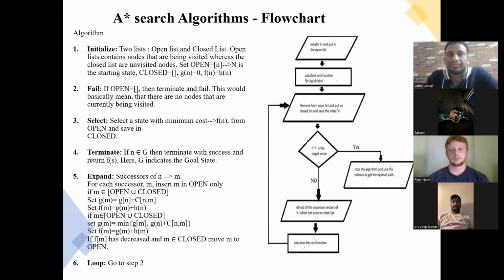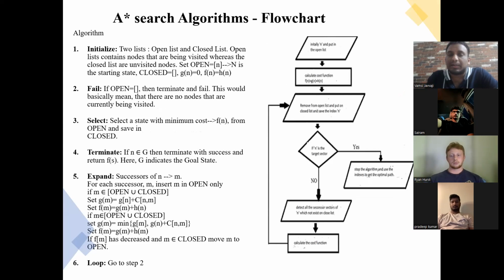Coming to the flow chart, first initiate n, and we have to put that n in the open list. Then we have to take care of the distance, that is the heuristic function h of n. Then this h of n will go to the open list, and that initialized n will come to the closed list. So remove from the open list and put on the closed list and save the index n.